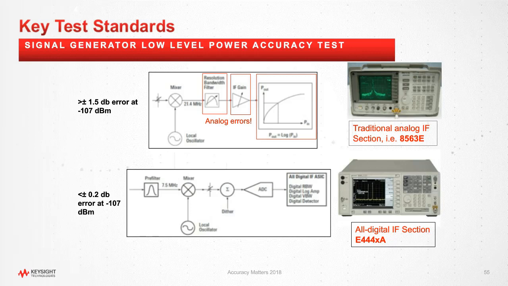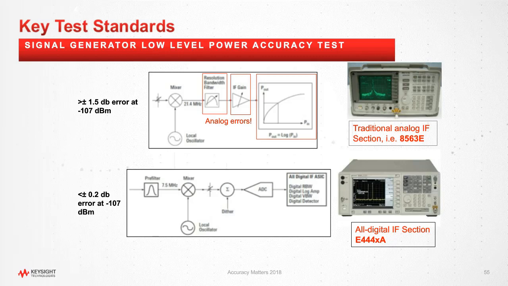Those errors down at minus 107 are going to be as low as 0.2 dB. And I showed generously that the older one is greater than 1.5. It's actually worse than that, because there are analog filters, analog steps of gain, and worst of all, analog log amplifiers. Now this is all in a custom ASIC.